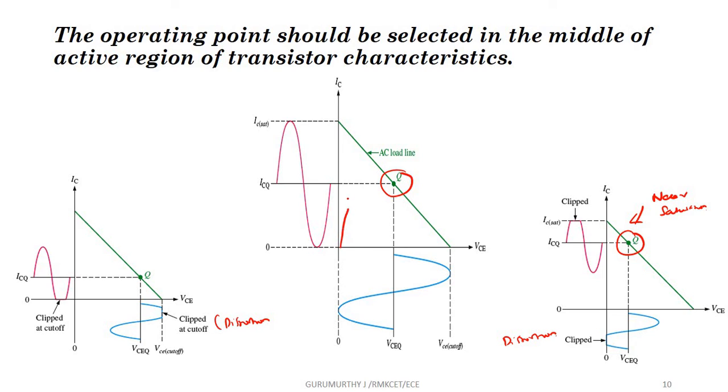Because we are biasing the transistor in which region? Active region. In the active region, current is constant. We don't want IC to change. That is what is required when you do biasing.